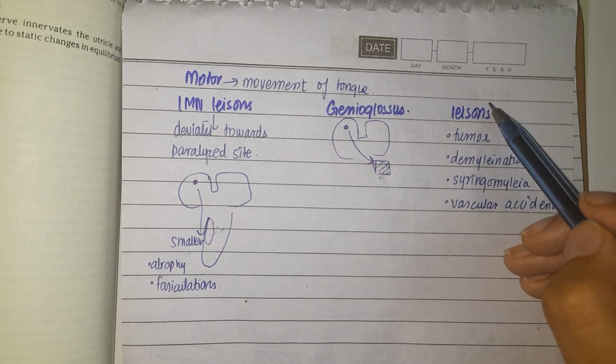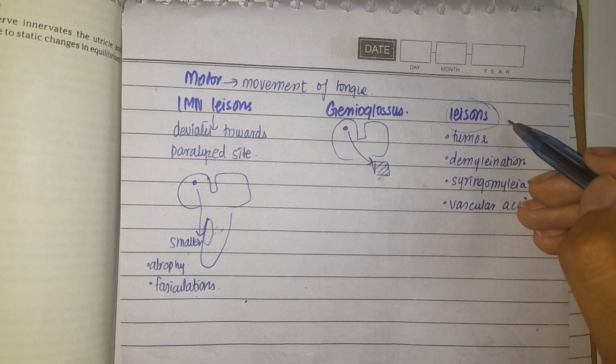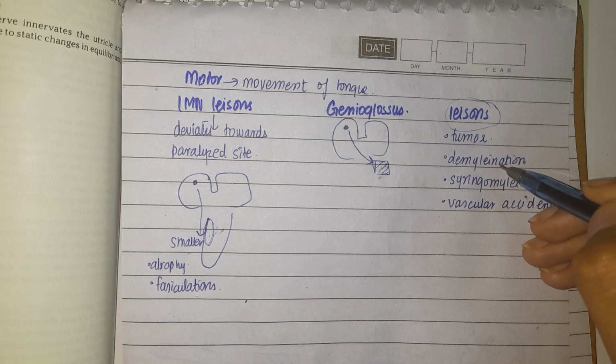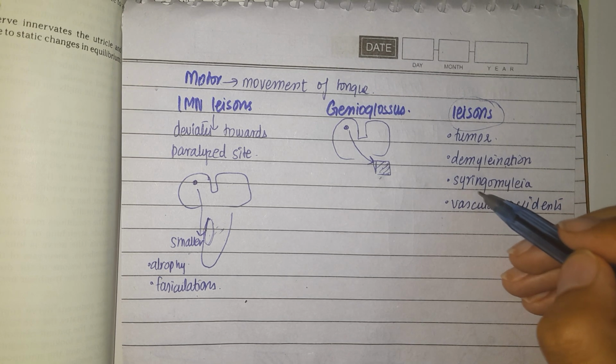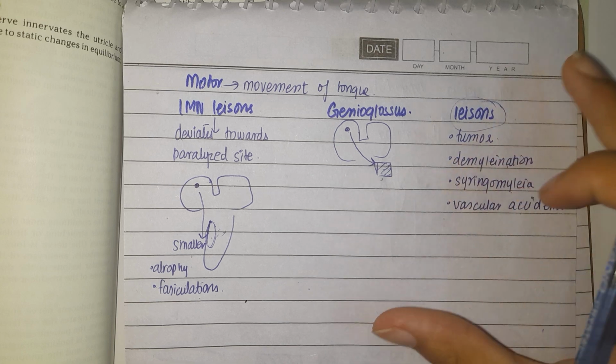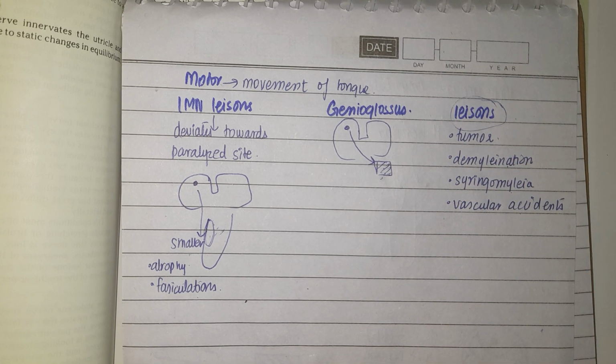And they say that lesions in the hypoglossal nerve can occur at any point along its course. They can be due to tumor, demyelination of the nerve, syringomyelia and vascular accidents. So this is how we define the clinical correlates relating to the hypoglossal nerve, which is a motor cranial nerve number 12.